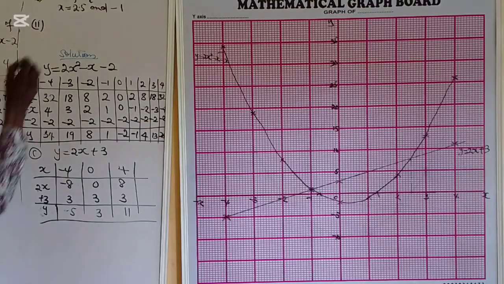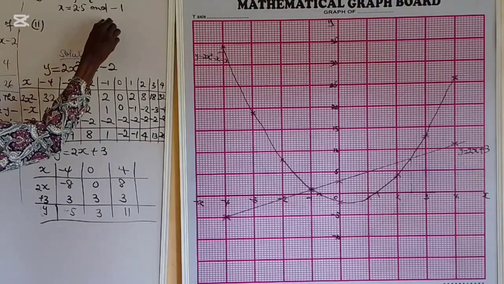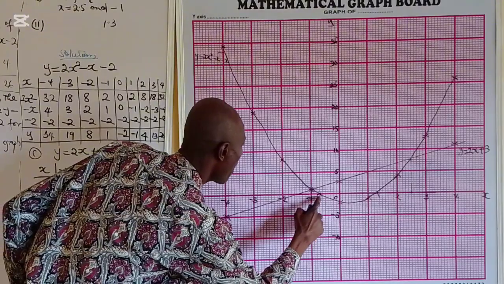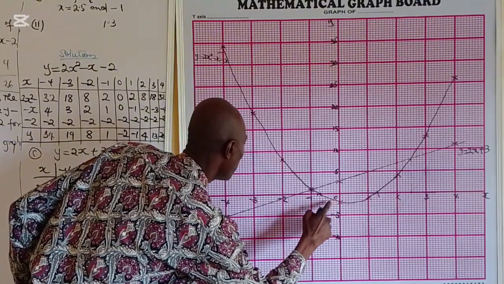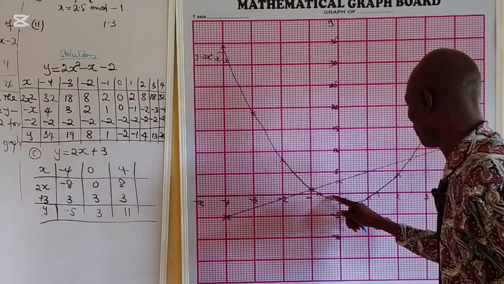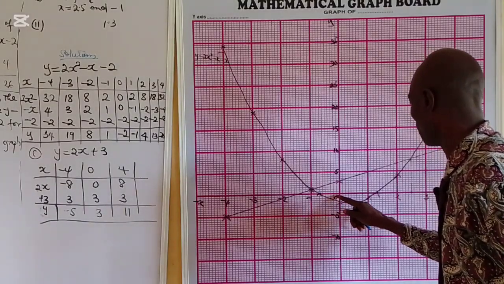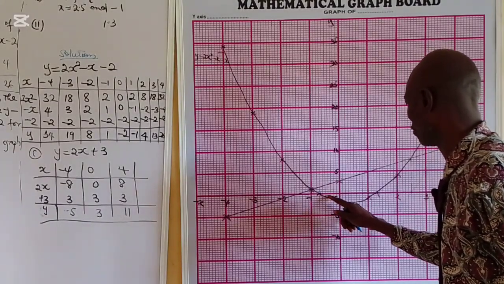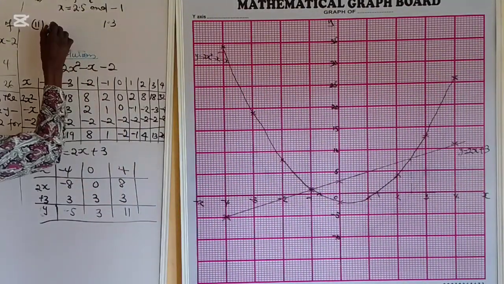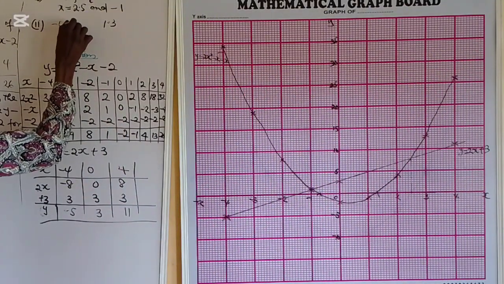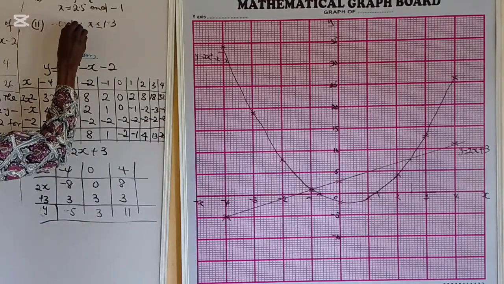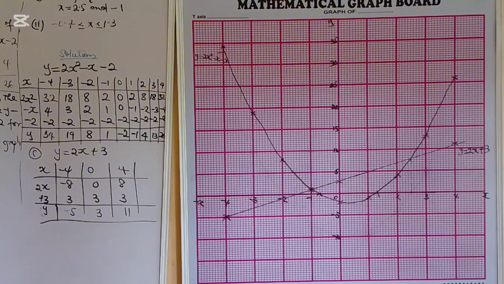So the range is 1.3. And what is here? 0, minus 0. Okay, no, it's not minus, it's 0. 0.1, 0.2. Okay, minus 0.1, minus 0.2, minus 0.3, minus 0.4, minus 0.5, minus 0.6, minus 0.7. So our x is less than or equal to 1.3 and greater than or equal to minus 0.7.